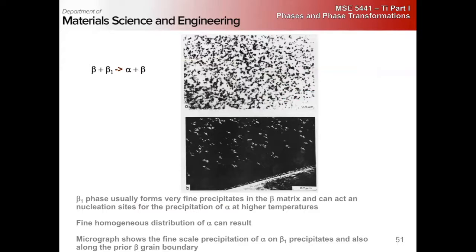The lines. This is a prior beta grain boundary, right? So this is grain boundary alpha that you have here, right? These bright spots are also alpha, but I would be really hard pressed to say that there was beta prime here, right, given the contrast in this image.